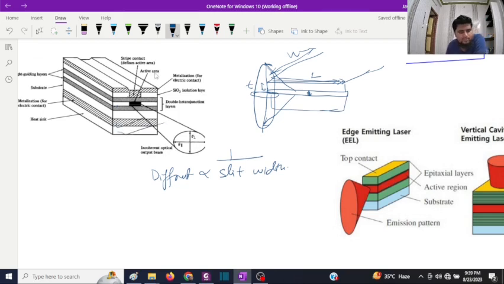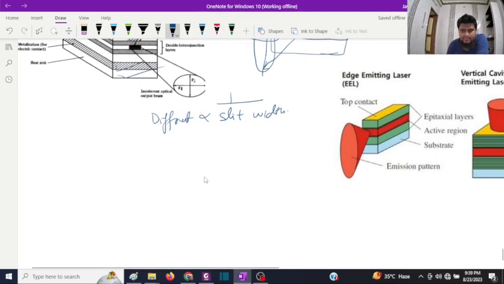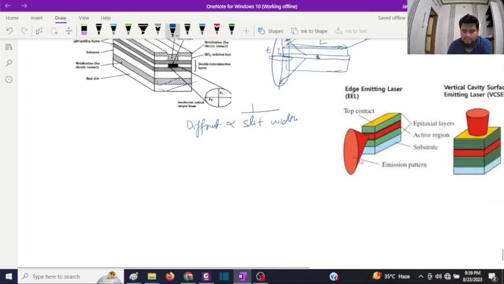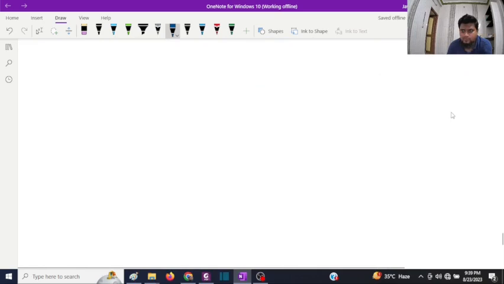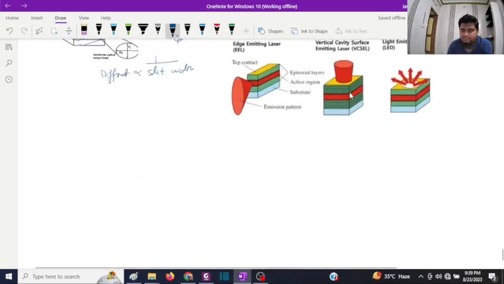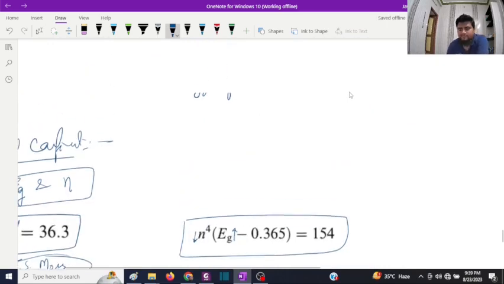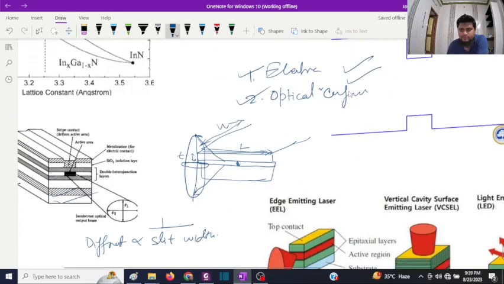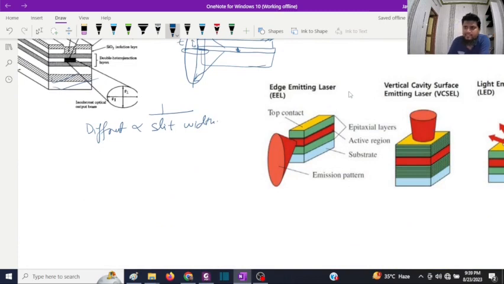That was the one problem for edge emitting diodes, and that's why people have come to surface emitting or vertical cavity surface emitting lasers, VCSELs.